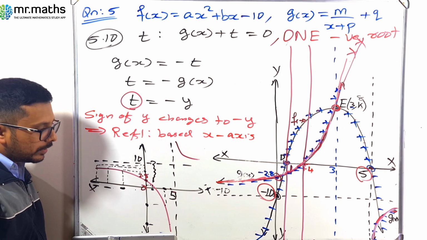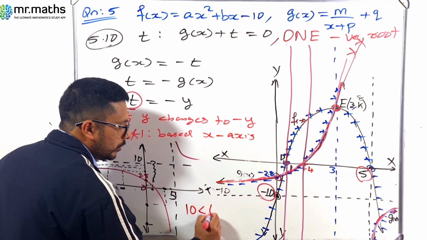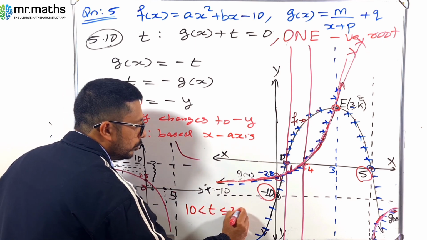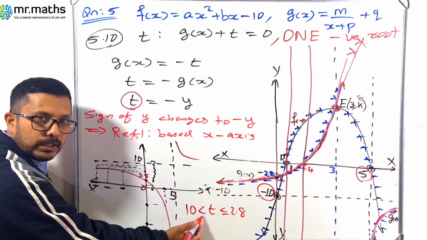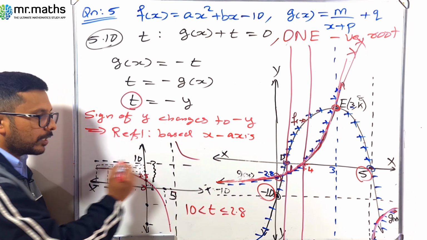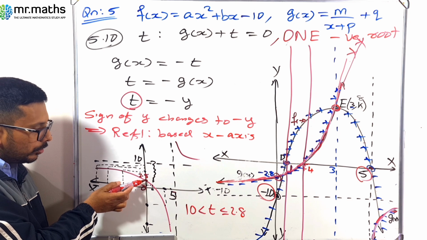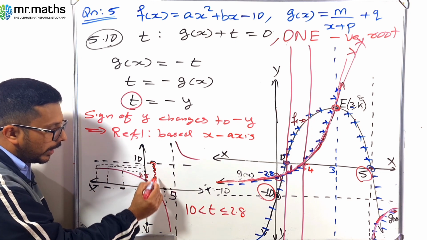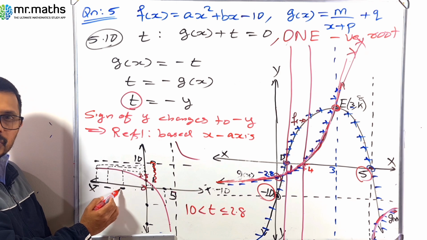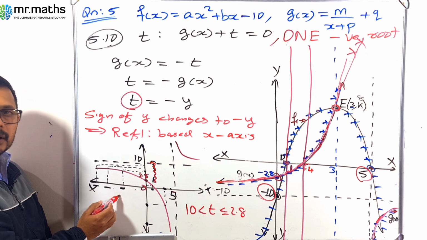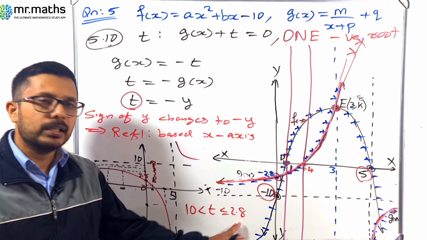So the value of t is between 10 and 2.8. We can't include this 10. That's why I didn't put this less than or equal, because 10 is a new asymptote. So if I take a value between 2.8 and 10, the corresponding solution or x value that I'm getting is negative.